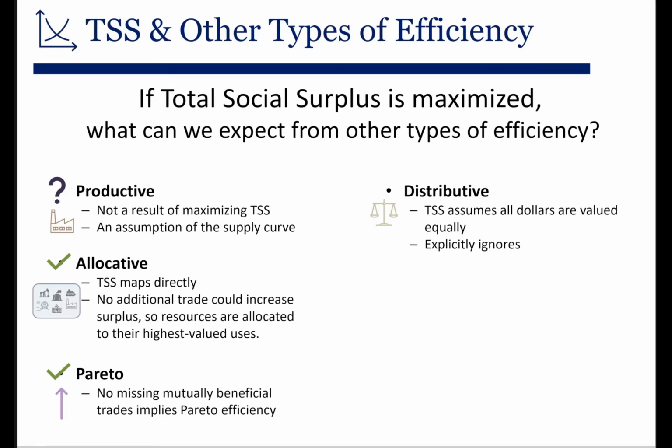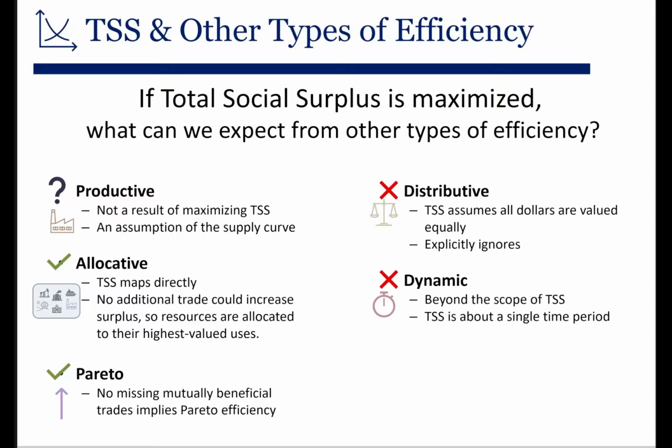So just because we're maximizing the surplus doesn't mean we're making things distributively efficient or equitable. In terms of dynamic efficiency, thinking across time, this is beyond the scope of total social surplus. It's really about a single time period. So it's a little bit harder to think about things intertemporally. And so there's not a clear mapping between total social surplus and dynamic efficiency.